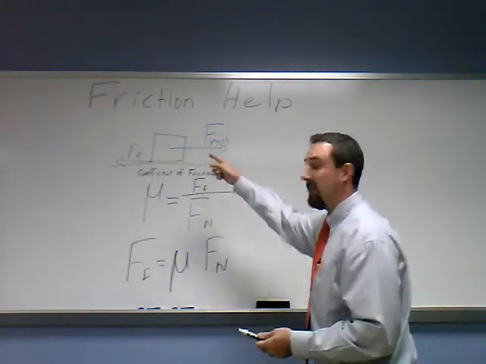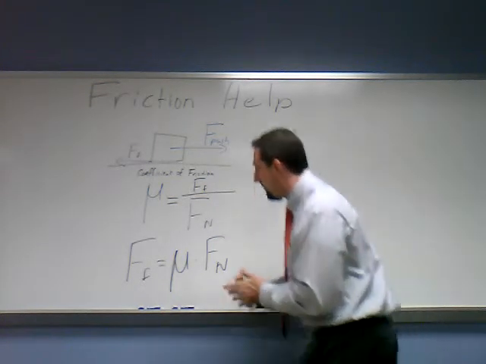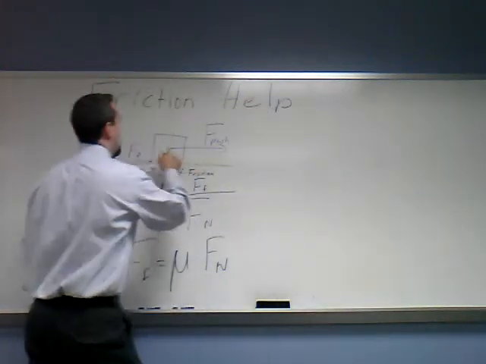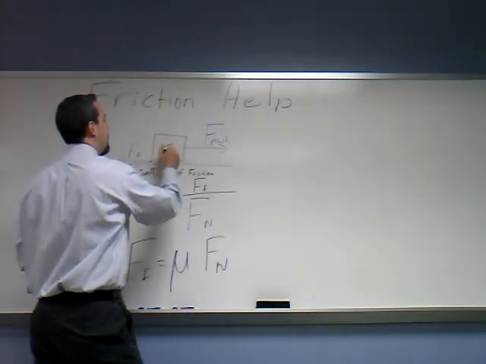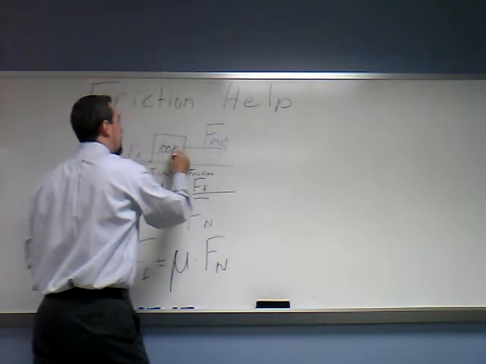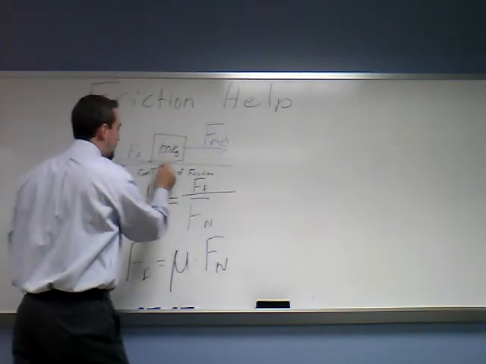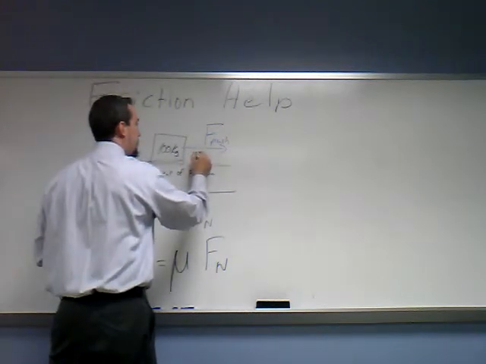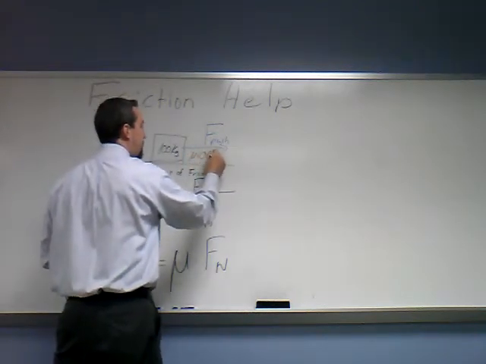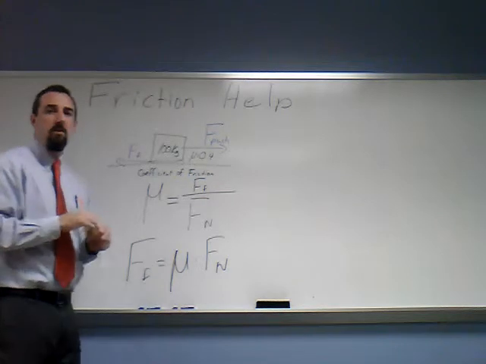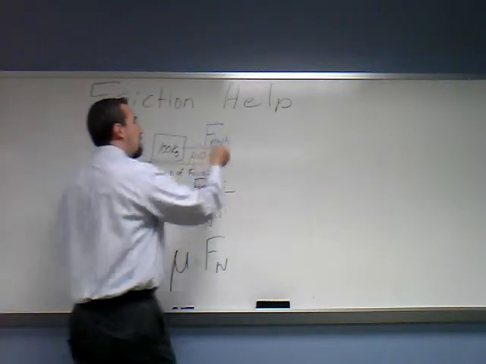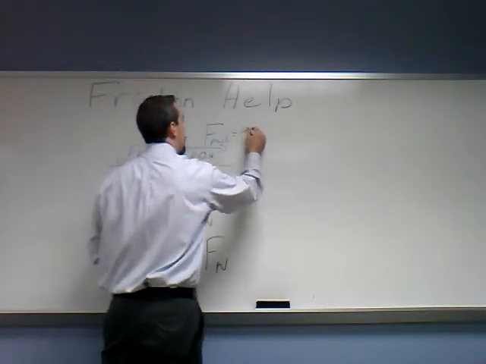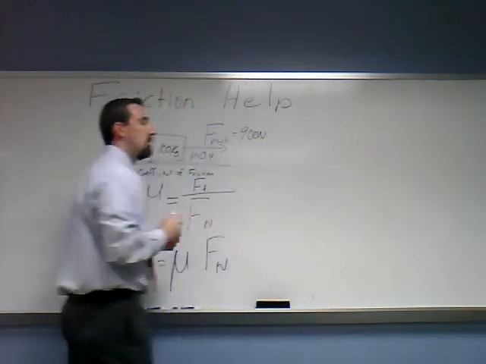So for instance, if we look at this problem, and we say, okay, for simplicity's sake, let's call it a 100 kilogram object. And let's say that this interaction of materials here has a coefficient of friction of 0.4. What's going to happen to the situation, assuming I push, let's say, 900 newtons?